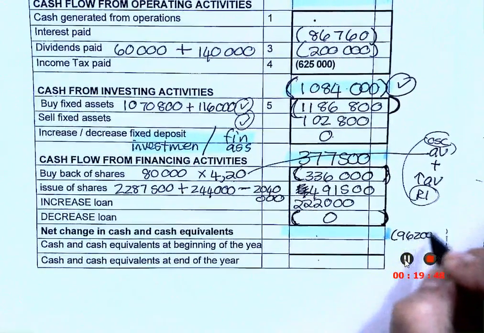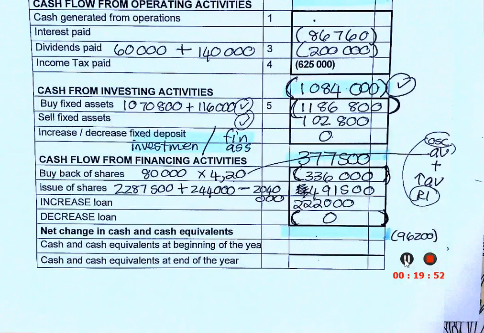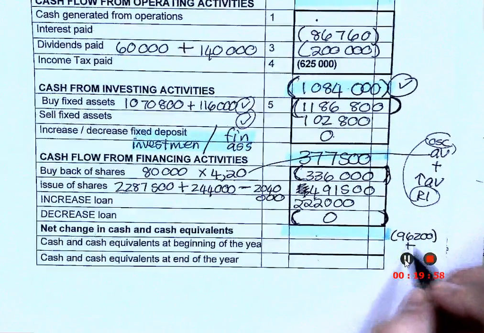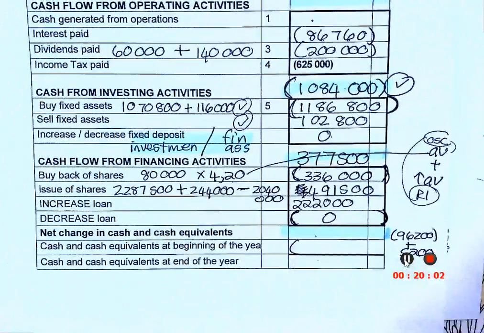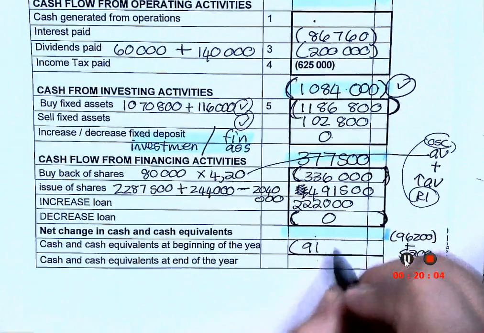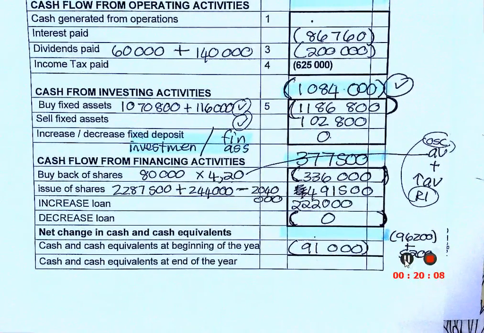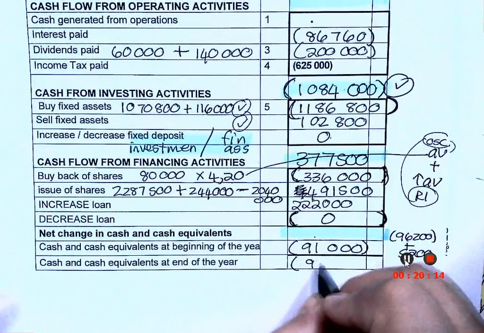And now it's recorded, plus 5,200 cash gives me a negative 91,000. I can now see that in 2020 there is no cash. So it's just a negative 905.